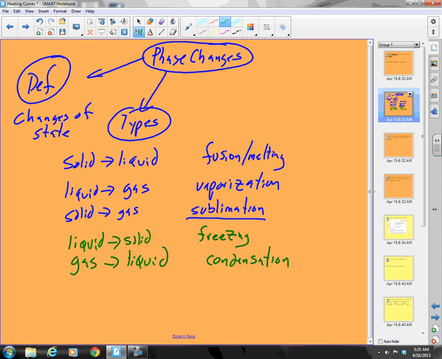And I can go from a gas to a solid, and that is what we call deposition. All right. Great. So, solid to liquid, that is fusion, melting; liquid to gas, vaporization; solid to gas, sublimation; liquid to solid, freezing; gas to liquid, condensation; and gas to solid, deposition.